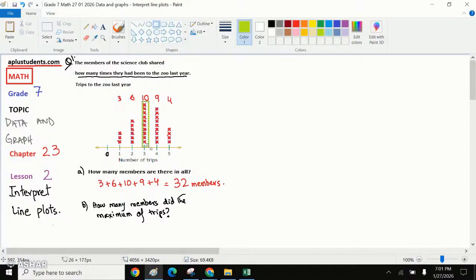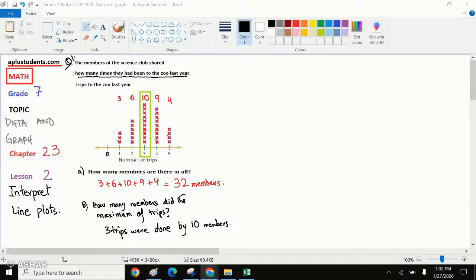Agreed? So the maximum number of markings was 3. And that was, so 3 trips were done by 10 members. Okay, so we can find the minimum number, we can find the maximum number, and these values which are represented on this line plot. Okay, let's have another example.